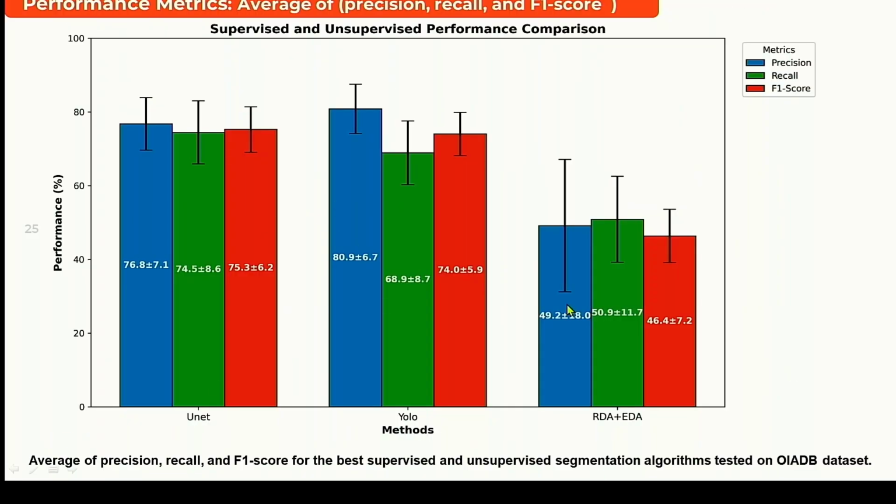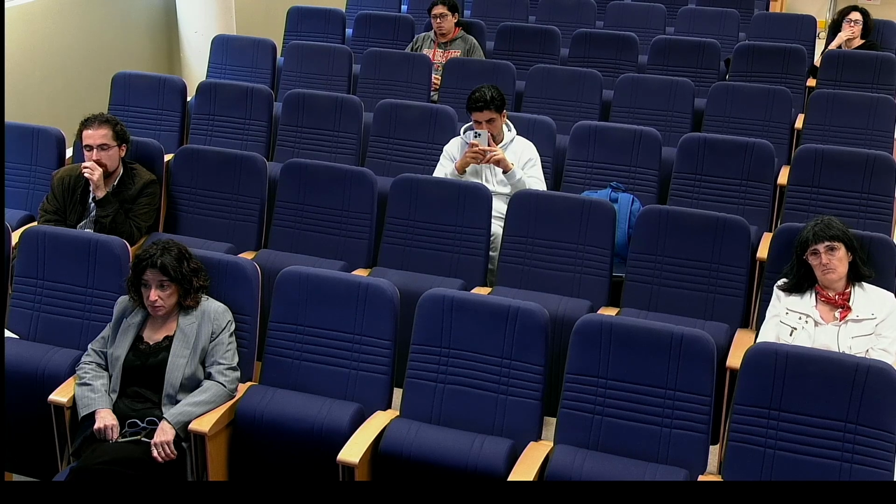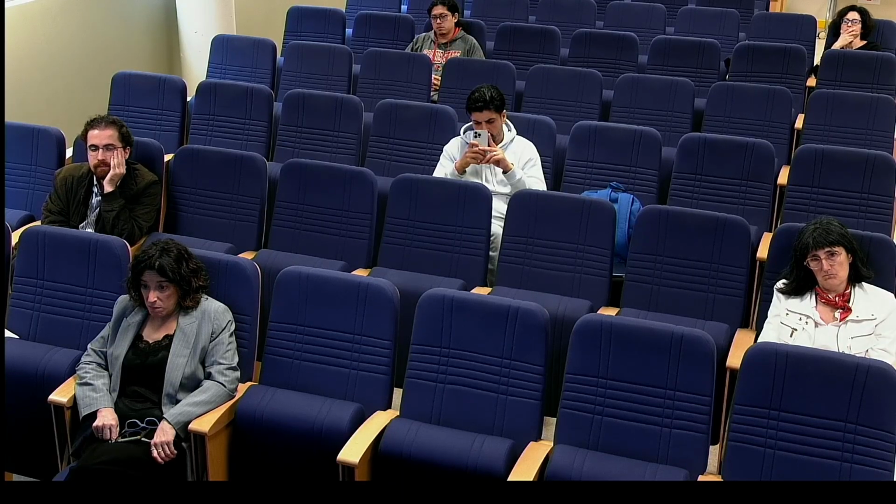This is the average and this is the standard deviation, for the precision, the recall and the F score, for U-Net and YOLO and unsupervised, which combines the best 2 algorithms, region detection and edge detection.